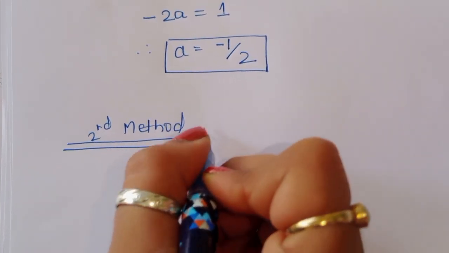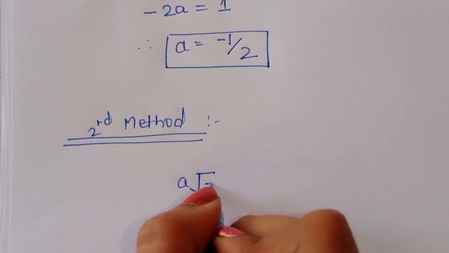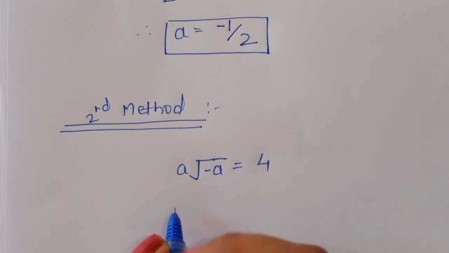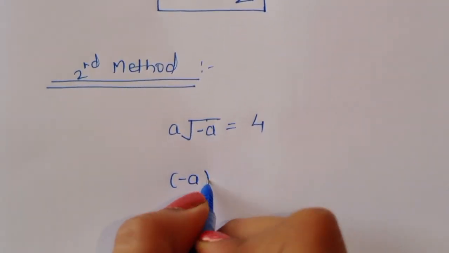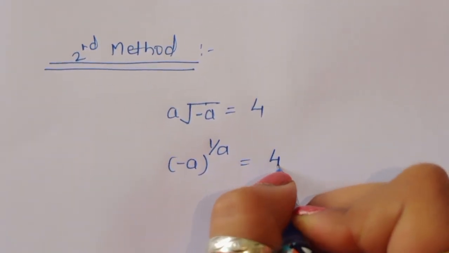Now we are solving this question using the second method. The given question is a^(√(-a)) = 4, so we can write this as (-a)^(1/a) = 4.